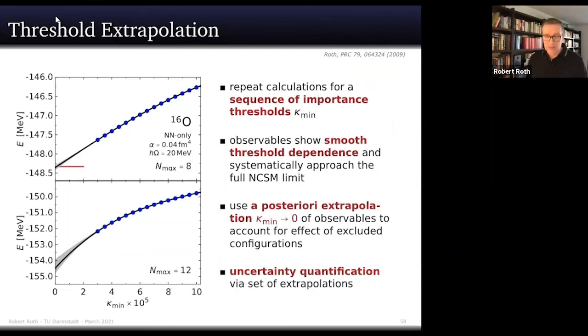We can do Nmax 12 now without problems. Here I don't have a red line because nobody can do that full space, but you see, you do have to account for a little bit of uncertainty. That is this gray band here due to the extrapolation that we do, but that's it. And this opens up a whole extra range of nuclei which we can treat. And essentially that shifts the limit from mass 12, the carbon 12, to something like mass 25, as I will show you in a minute.